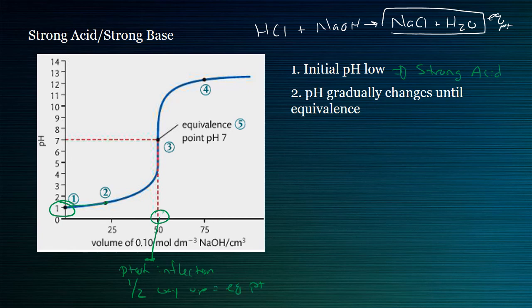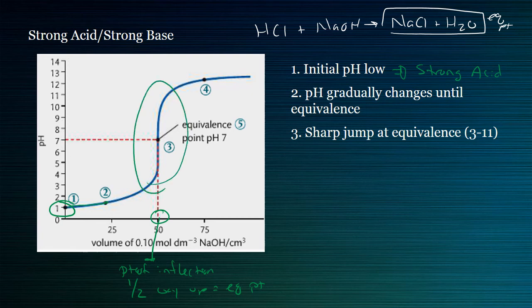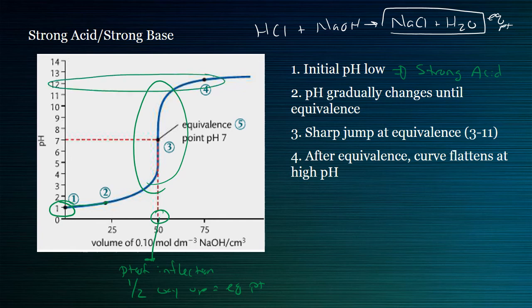And so you can read it on a graph you make yourself, which takes us to 3. We have that sharp jump, and that sharp jump, as you can kind of tell, goes from pH of 3 to pH of 11. It's a very large jump. So halfway between 3 and 11 gives you your equivalence point, right? After equivalence, or after your point of inflection, the curve flattens at a high pH.